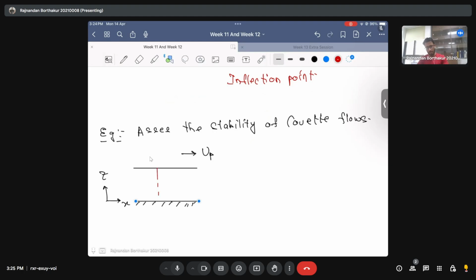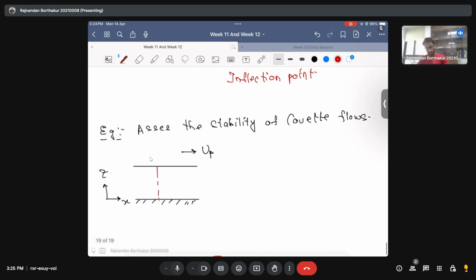If I non-dimensionalize my system, my velocity field would look something like this. I consider my characteristic velocity uc as up, and then the flow field, that is u of z, would be equal to z. That is because I have non-dimensionalized it with the plate velocity.